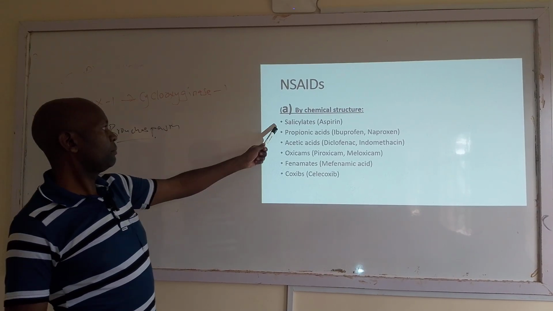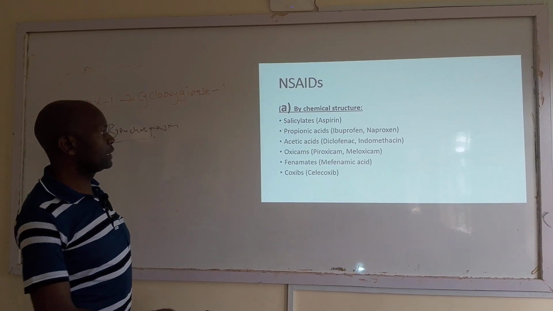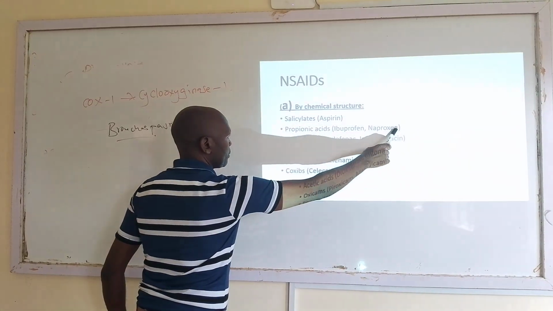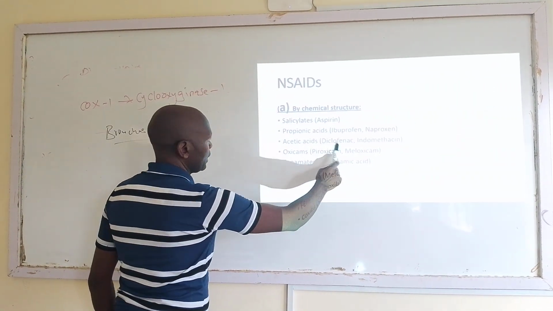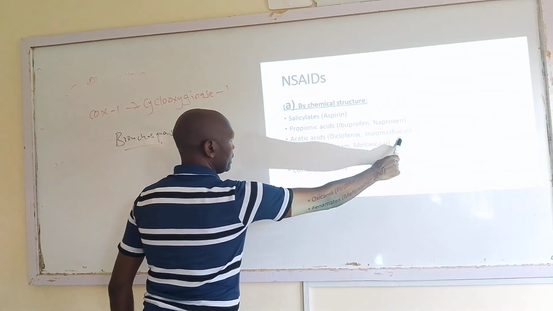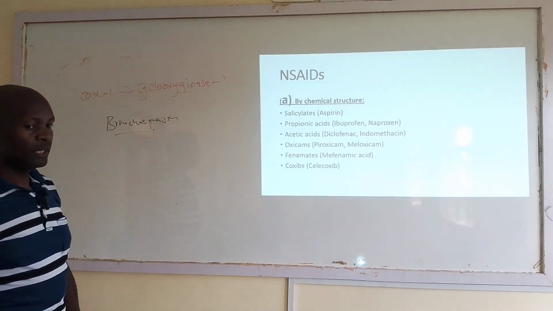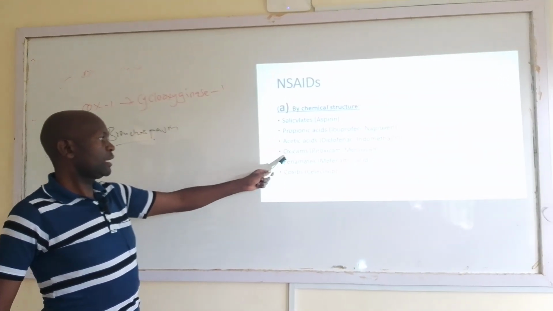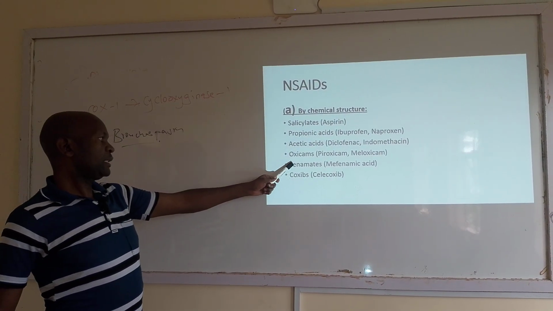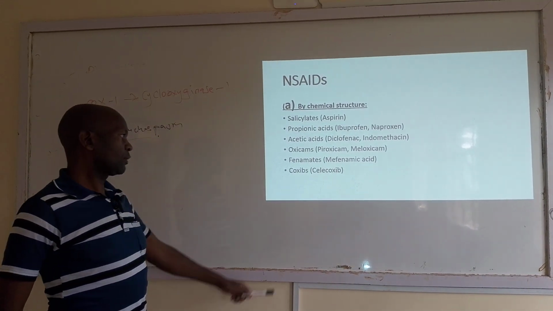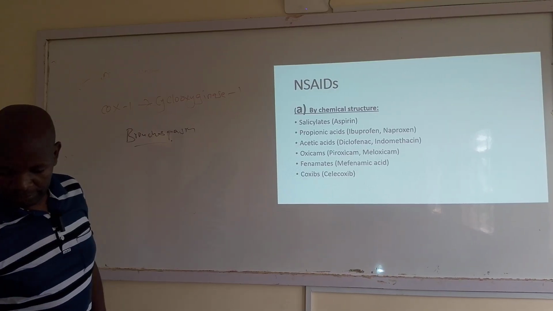Then we have propionic acids. Examples are ibuprofen and naproxen. Another category is acetic acids. Here we have diclofenac and indomethacin. Another category is oxicams. Here we have piroxicam and meloxicam. And then fenamates, we have mefenamic acid. And then coxibs, we have celecoxib.